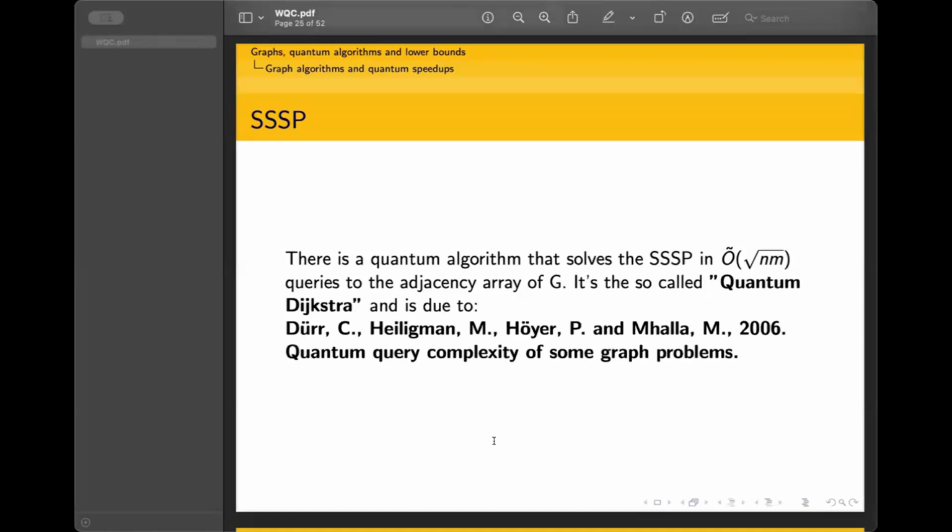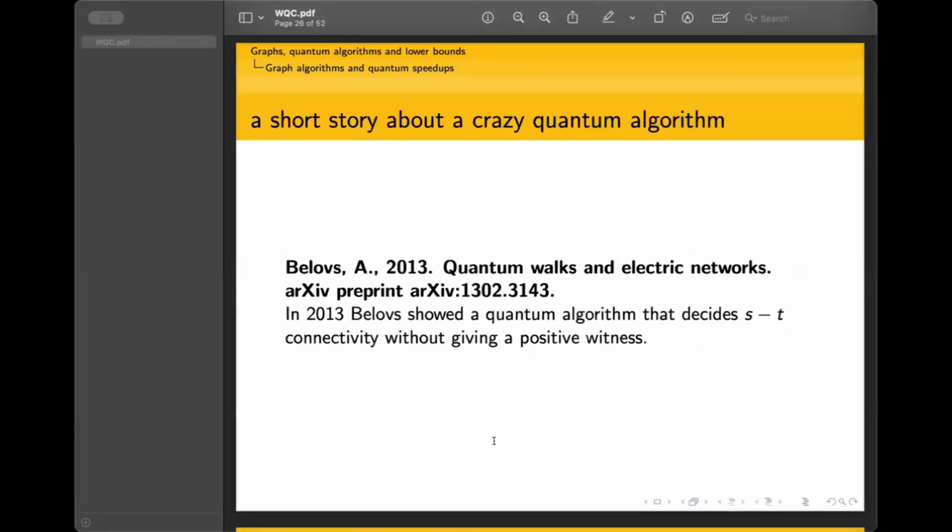Okay, so SSSP, we went through this. Now it's time for a short story about a crazy quantum algorithm. It was in 2003 that Belov showed that there exists a specific, quite complex quantum algorithm that decides ST connectivity without giving you a path.